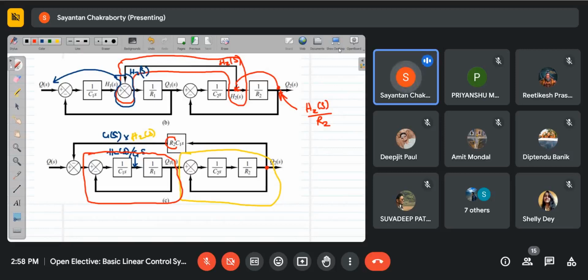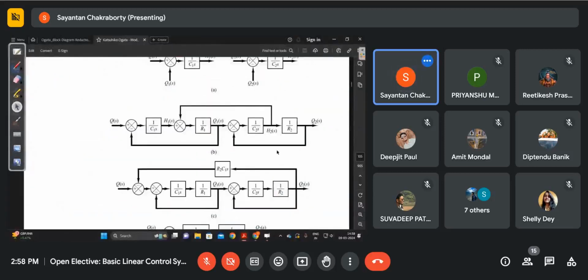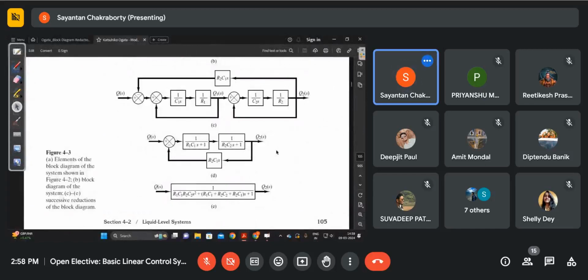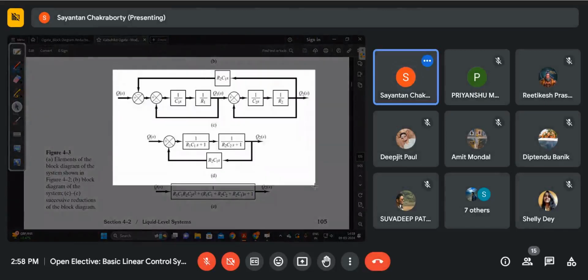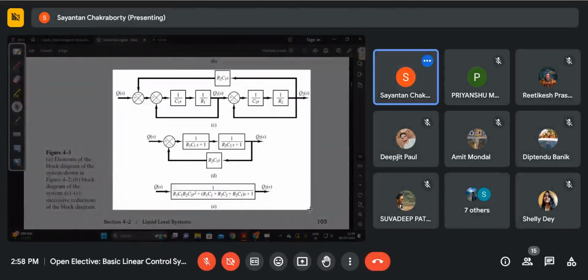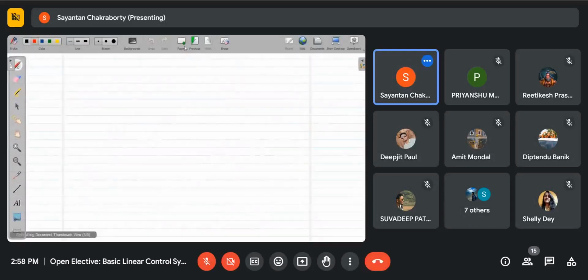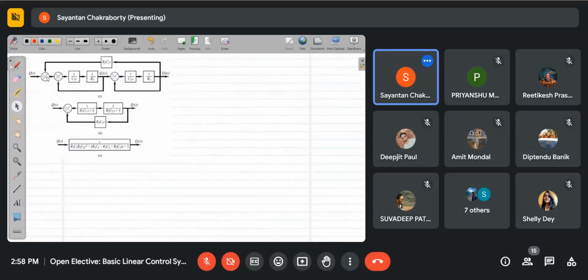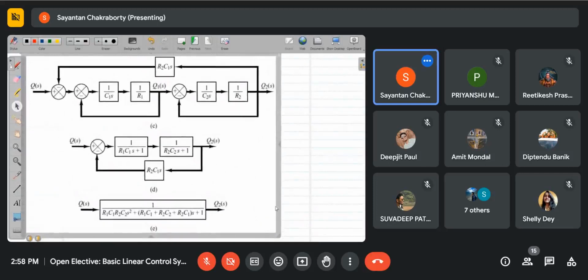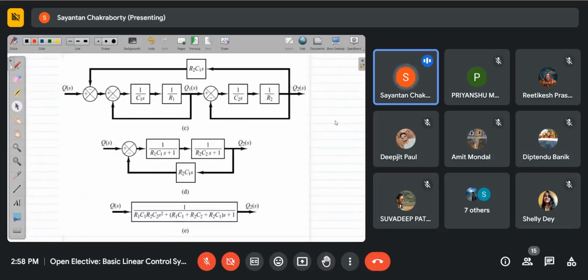Now I can reduce these two loops individually. I put this over here. So once this is done, what does this loop look like?